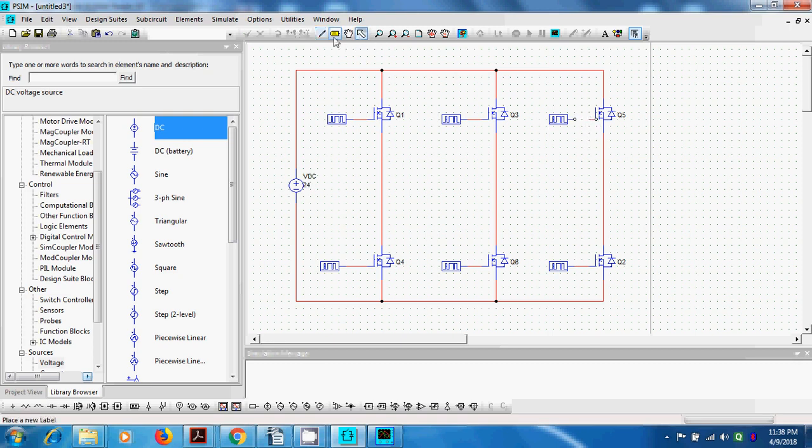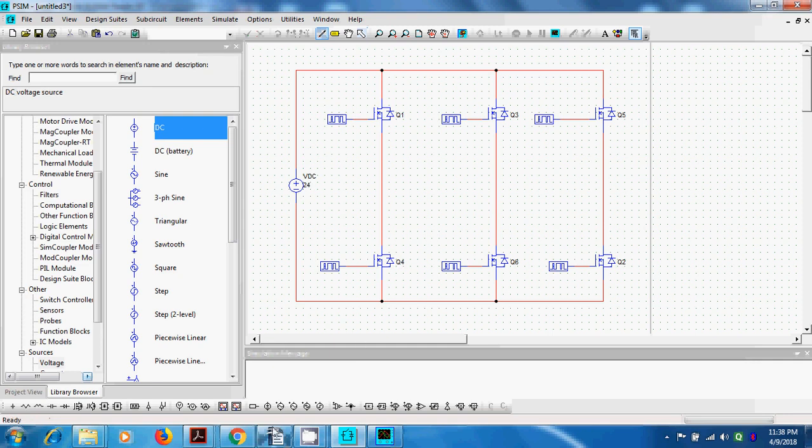Node should not be available actually. Okay, there is a problem.